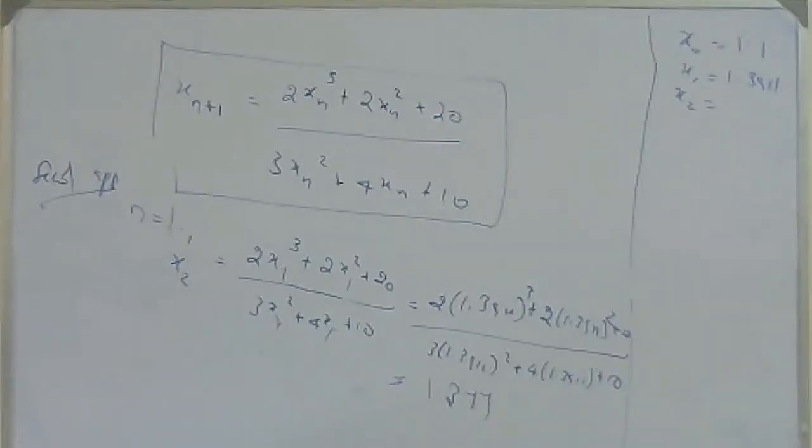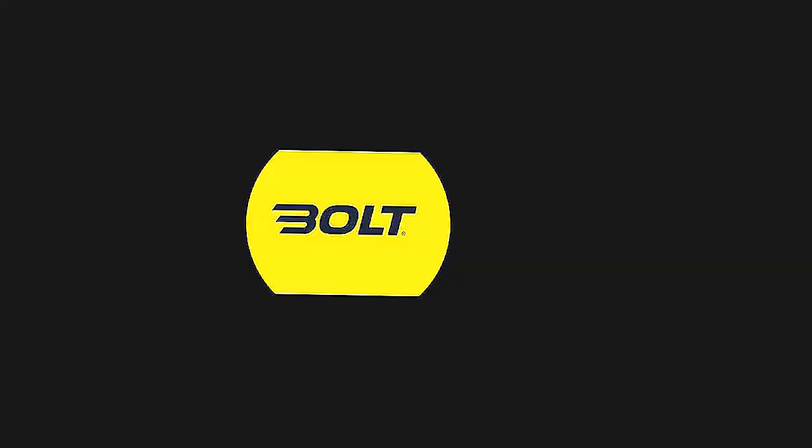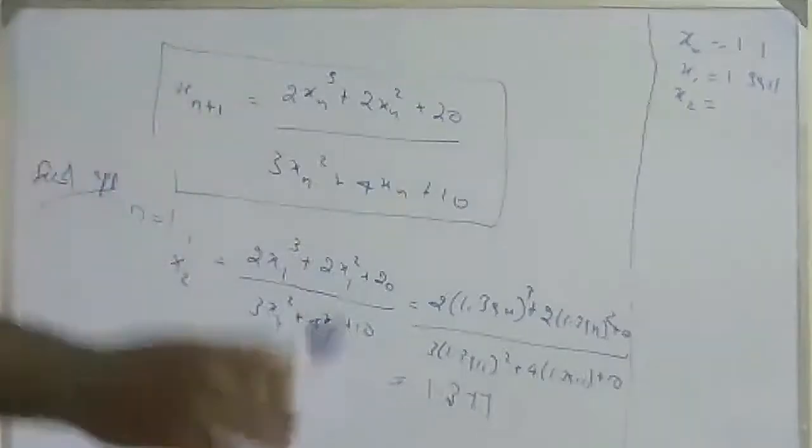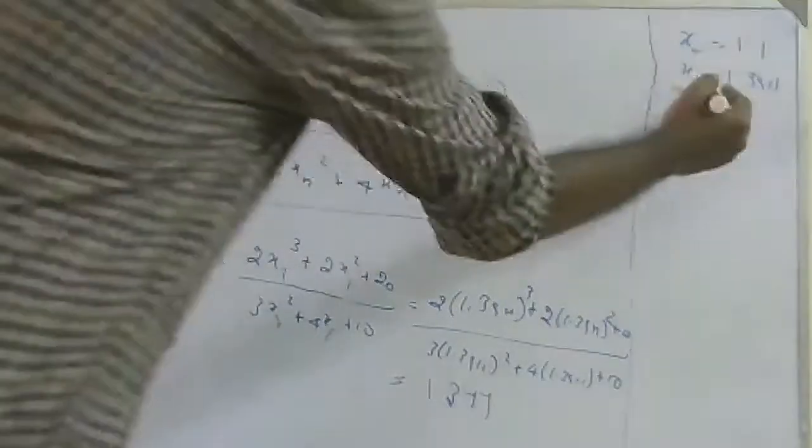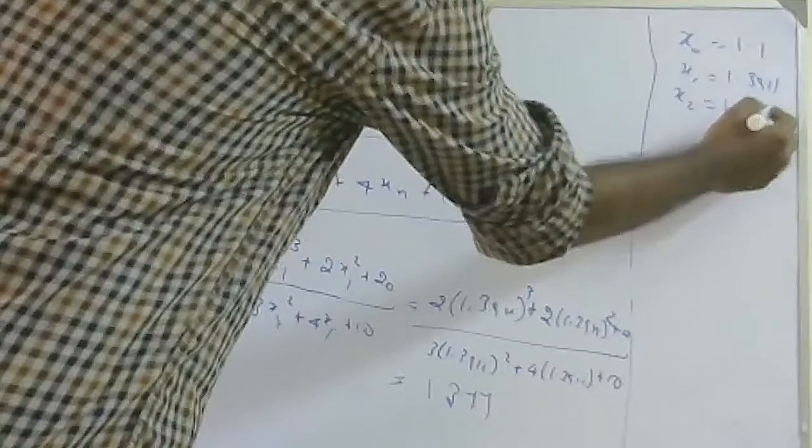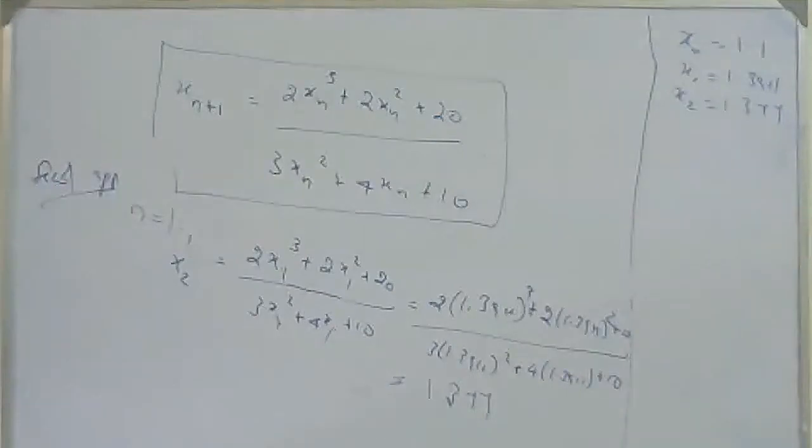Next to 7, what's the decimal point? I'm not getting another decimal point, sir. Okay, you're getting only this much. Okay, good. So 1.377. If you can get one more, it will be good.